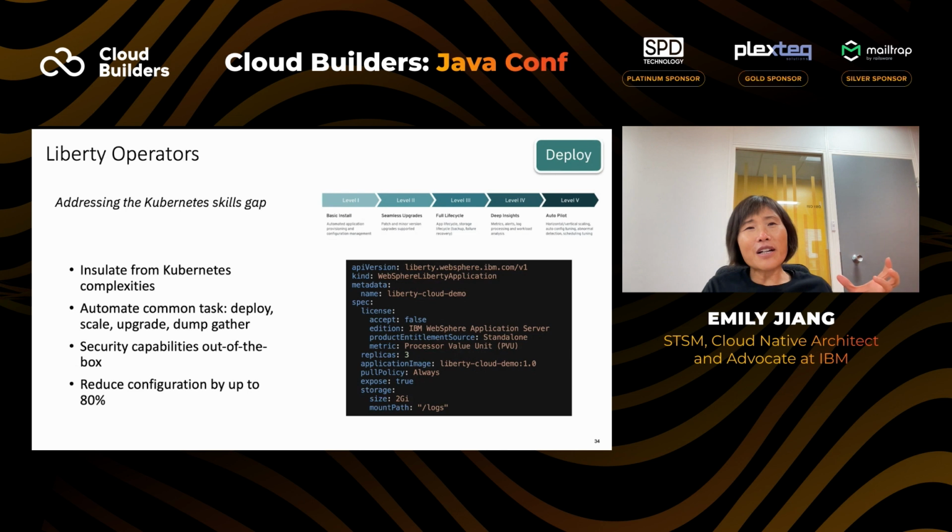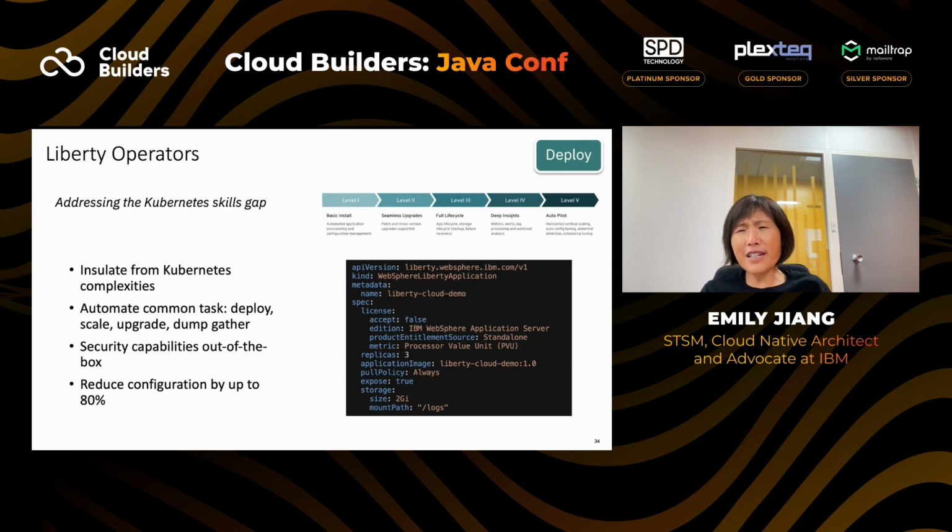Originally you had to handcraft all the deployment and service and so on. And then because the YAML file was so difficult to work with, there's a Kubernetes operator. And luckily, we also have the Liberty operators to help you along. You don't need to create a big deployment. All you need to do is just use the Liberty operator.